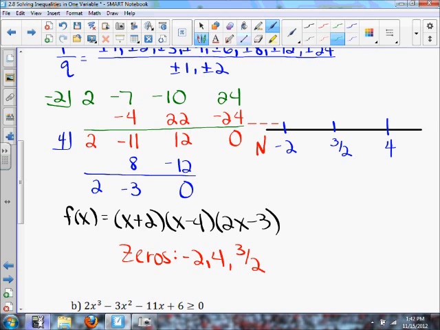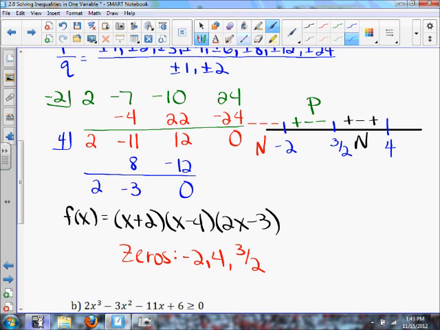A number between -2 and 1.5 would be 0, which means I'll be positive for the first term in x plus 2, negative and negative for the next two, which means I'll stay positive. A number between 1.5 and 4 is, say, 2, which means I'll be positive, negative, and positive for my terms, which means I'll be negative there.